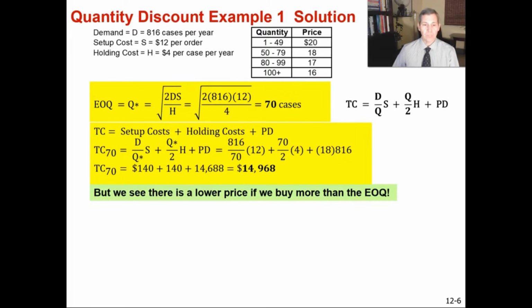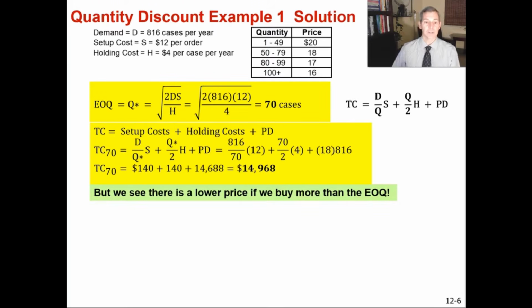So again, in this example, our next step is to go to the lowest quantity in the next price break. So right now we're buying 70. Our next price break is at 80. So let's try that. Our economic order quantity is 70. If we round up to the next price break, that's 80 units.